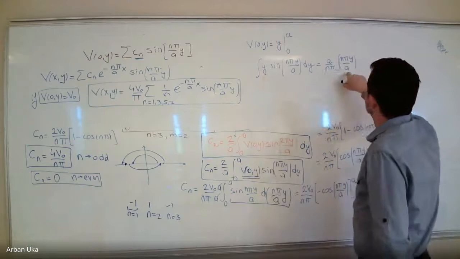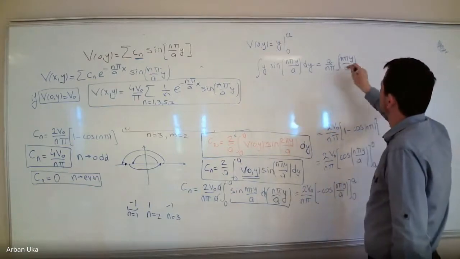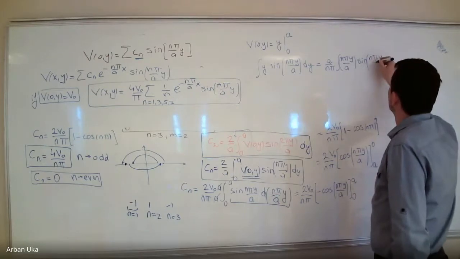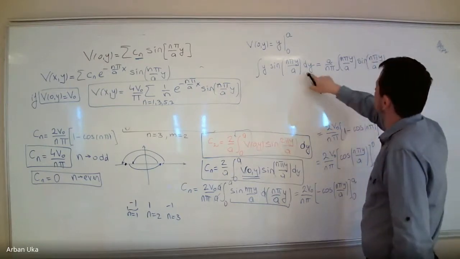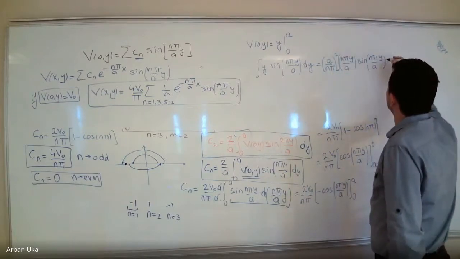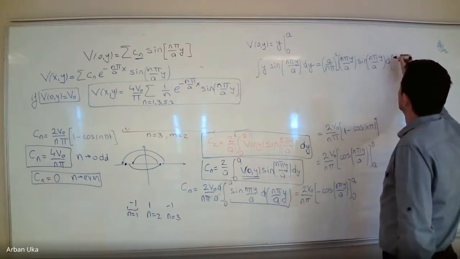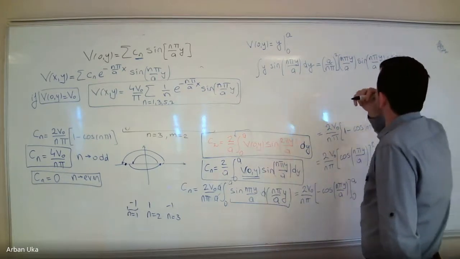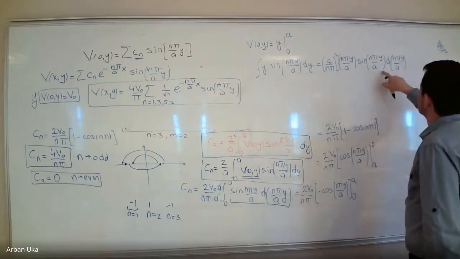This is still y, only that we have taken this constant out. Then we have sine n pi y over a dy. Now we can take this square, and instead write n pi y over a. So this integral comes up like this.